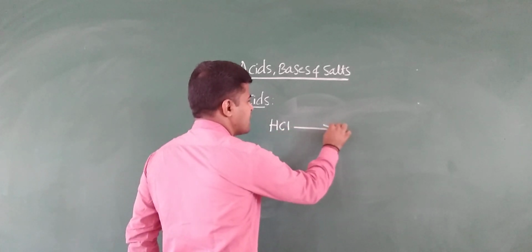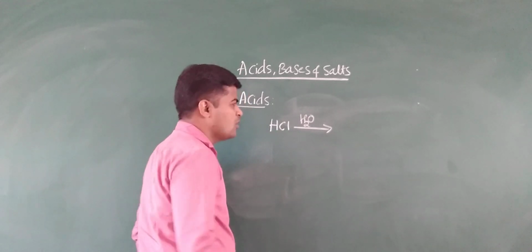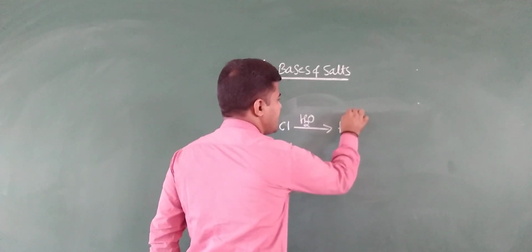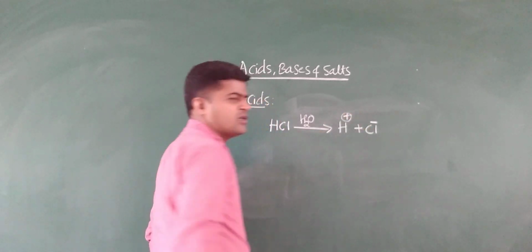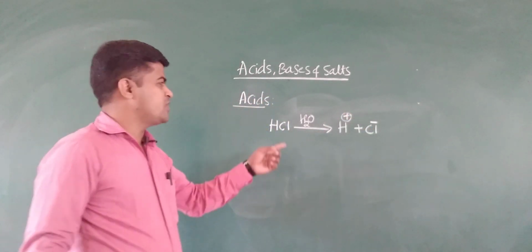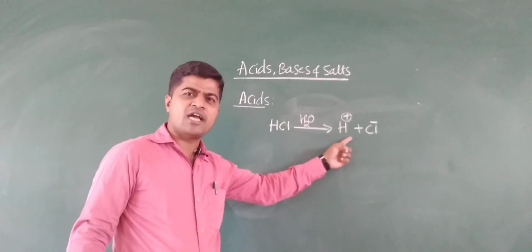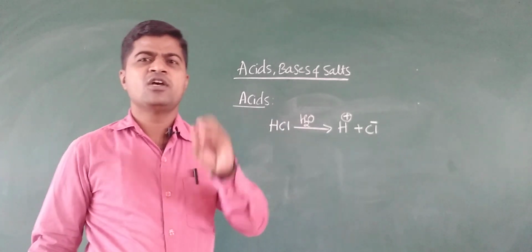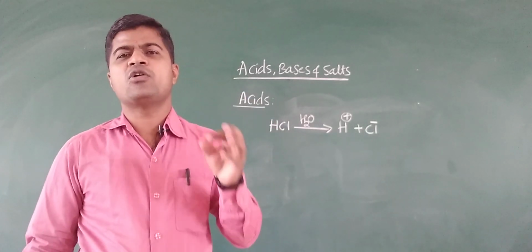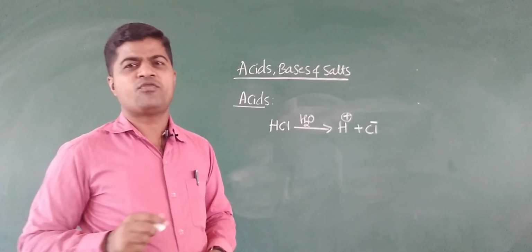When HCl is dissolved in water, what happens? It splits into H plus and Cl minus. You can explain the definition like this: an acid is a substance which gives H plus ion when dissolved in water. That is the definition of acid.